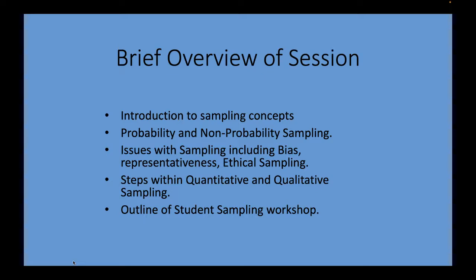Then the next thing is we're going to look at the two broad groups of sampling that exist. The first being probability sampling, then the next being non-probability sampling. In basic terms, and we'll revisit it, probability sampling is the sampling that looks at choosing what you choose using mathematical approaches, probability-based approaches, statistical approaches.